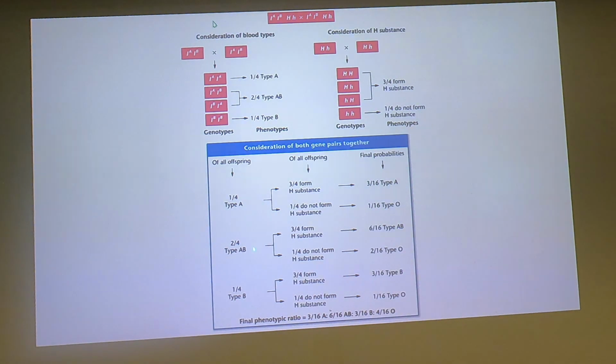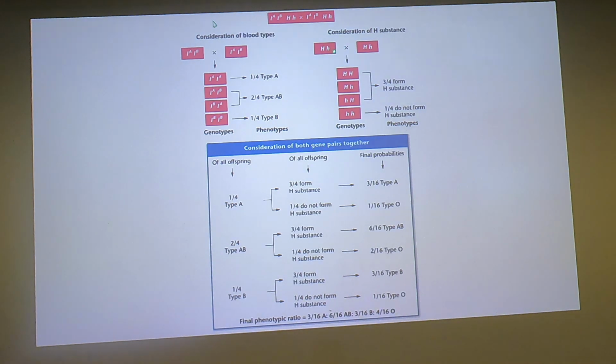Okay, once again, we just split it in two. So first, here's the blood types. Just think about ABO. And this is the same result we got before. So we know 1/4 are going to be type A, 2/4, 1/2 are going to be type AB, and 1/4 are going to be type B. All right. Then over here we think about the Bombay genotype.